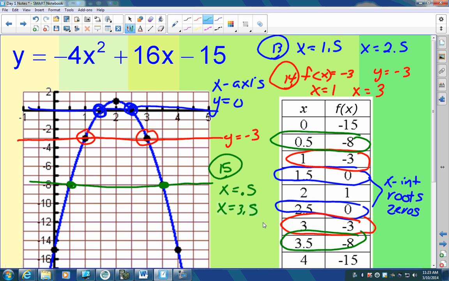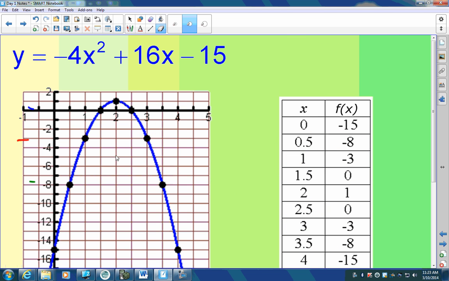Now notice, each time we've done this, how many solutions do we have? We have 2 each time because it crosses twice. Look at this next one. Let me erase all this. All right. Number 16 says, slide your pencil to the x values when this function equals 1.